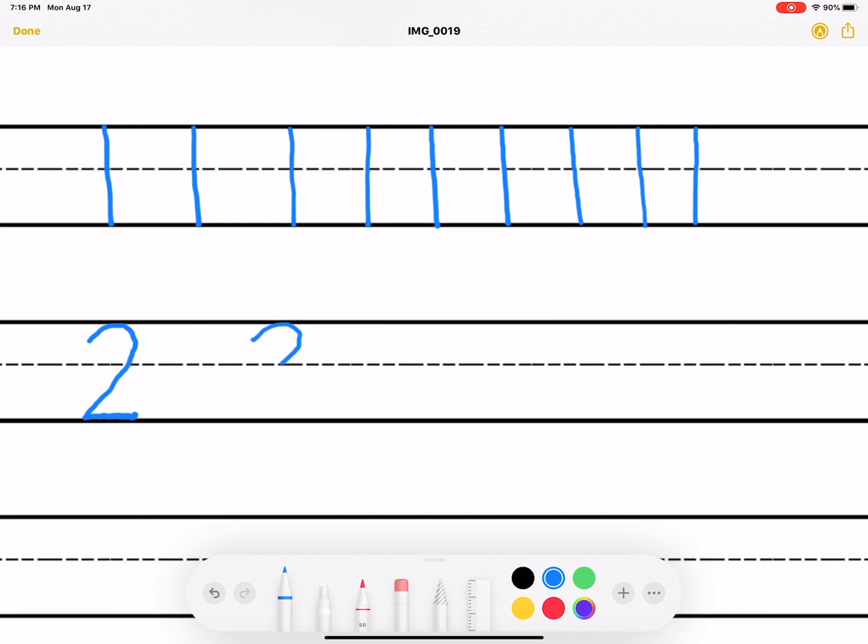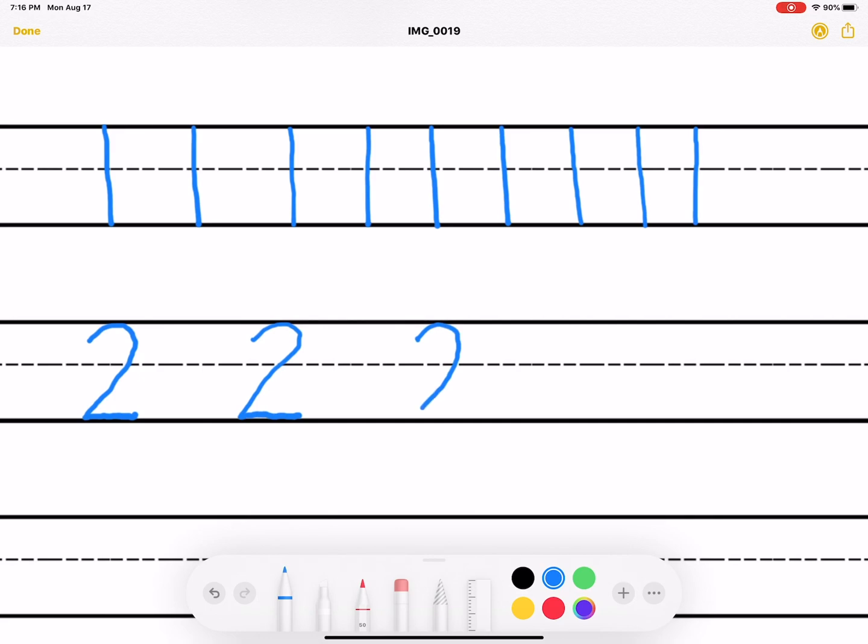Okay, except for on number 2, the arc is a little different. It keeps going all the way to the bottom, and then this bottom line traces. Okay, I'll show you again. If you want a little help, you can put a dot, just like on the letter C. You make an arc, you bring it all the way down so it's lined up.